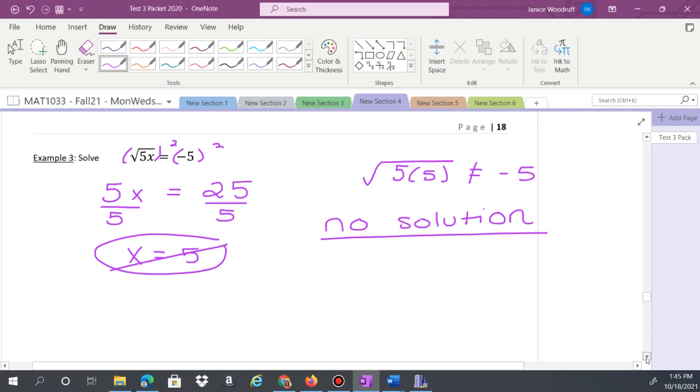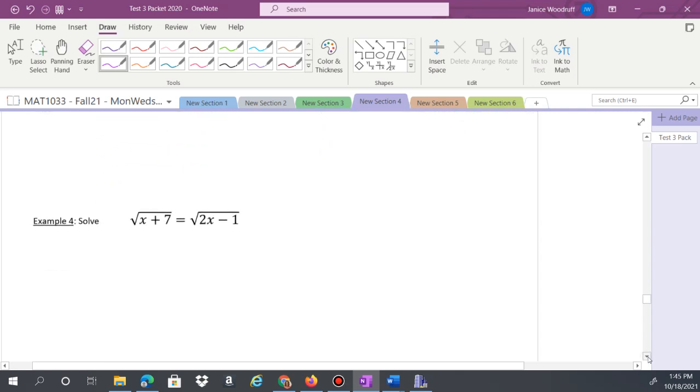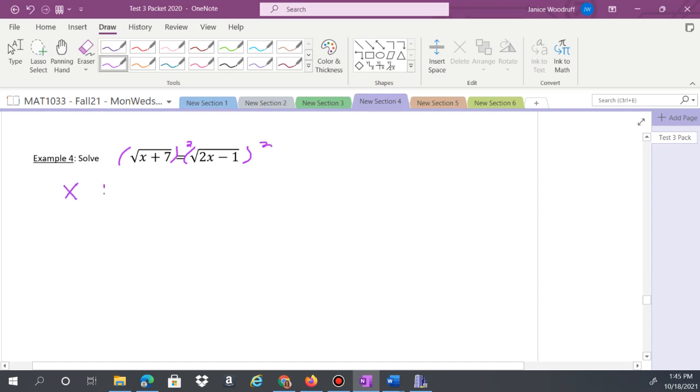Now, sometimes you're going to have a problem that has a square root on both sides. If that happens, they're both isolated, so just go ahead and raise. We can still follow the steps here. We square both sides, and that just means we get a linear equation without the square root. And then we can go through and solve.